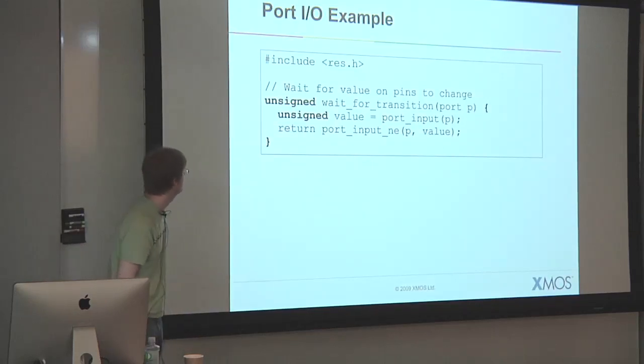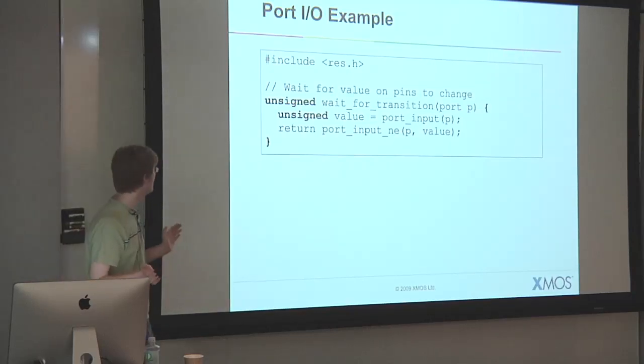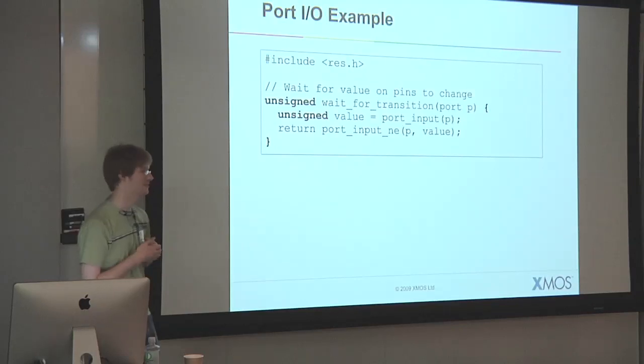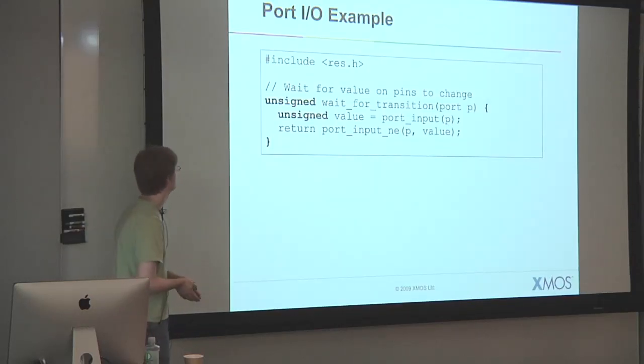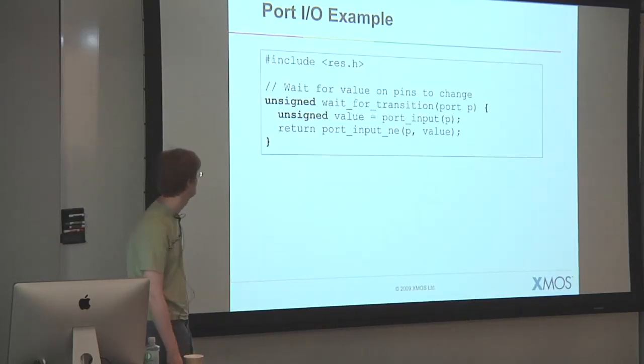This is an example of using port input. In the XC language, we actually have dedicated operators for input and output. But for the C extensions, we wanted to keep the grammar as it is wherever possible. We didn't want to extend the grammar. We just wanted to make things look like function calls. In this case, we've got a port input function call, which reads the current value on the port.